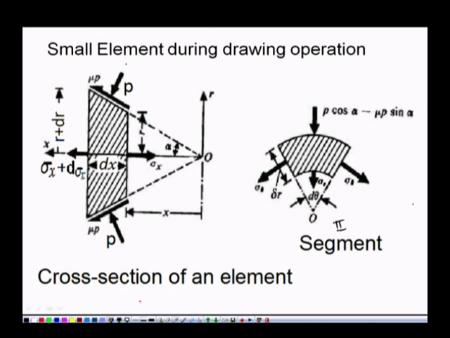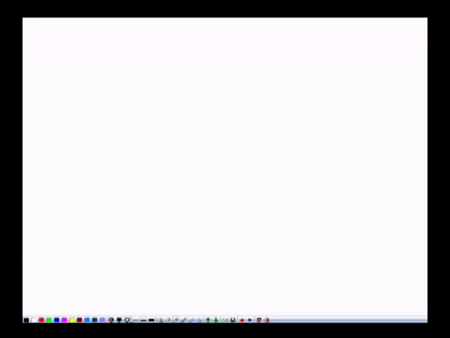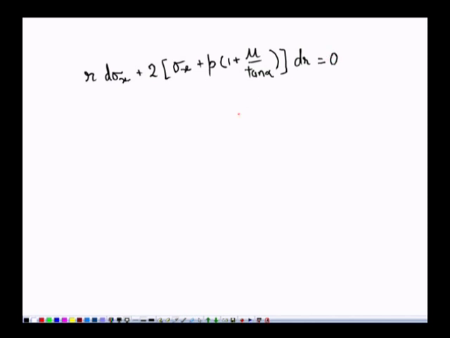So, now for the x direction, after neglecting the higher term, we have r d sigma x plus 2 (sigma x plus p) (1 plus mu by tan alpha) into dr. This must be equal to 0 for the equilibrium.